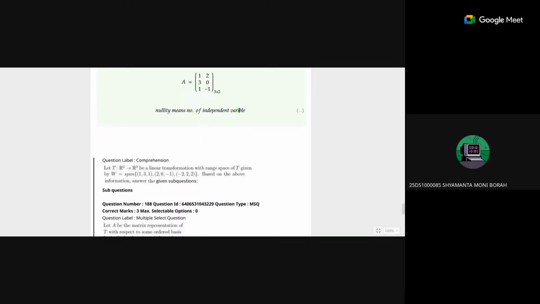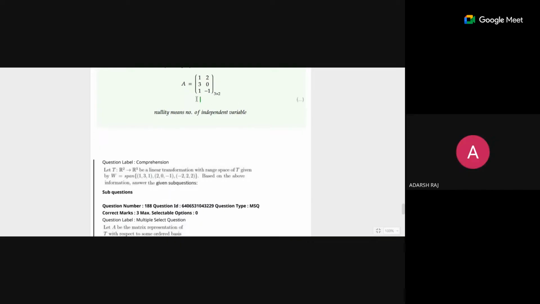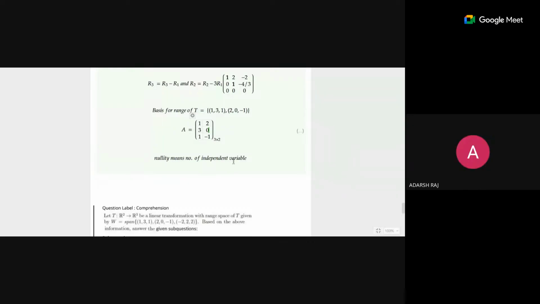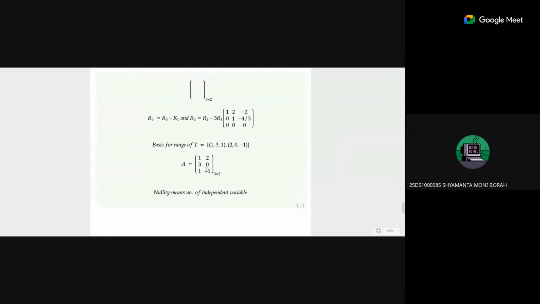So we can equate the transformation to 0, 0, no? T of (x, y), then we get the null space solution. Like this transformation, x plus 2y, 3x, and x minus y. Even if we equate it to 0, 0, we get the null space only, right?